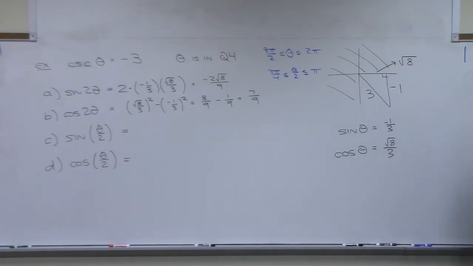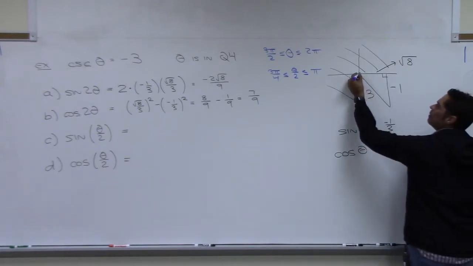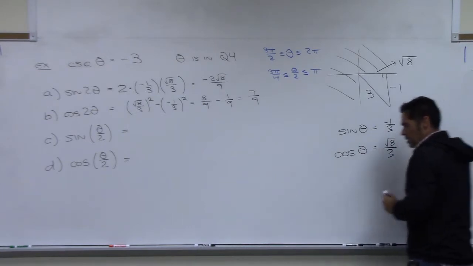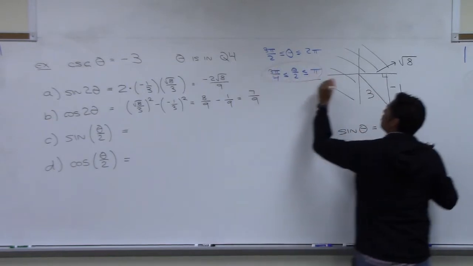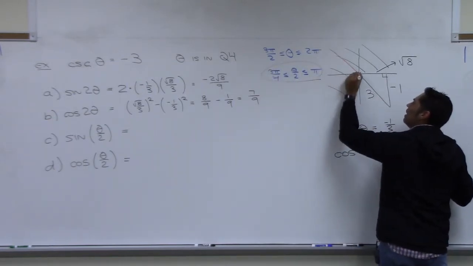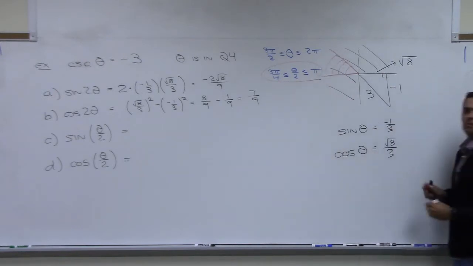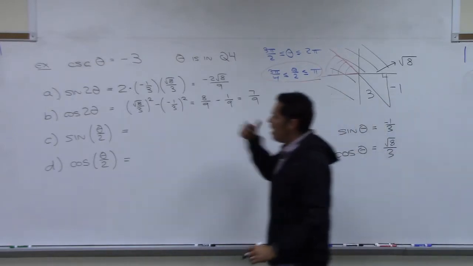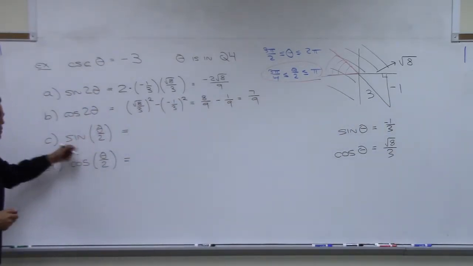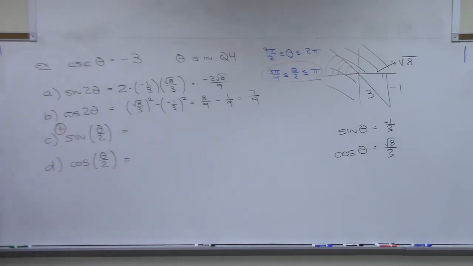So we're between 3 pi over 4 and pi, somewhere in the second quadrant. In the second quadrant, sine is positive, your y coordinate is positive, so we take the positive of this answer. Cosine is negative, the x coordinate is negative, so I'm only taking the positive here and the negative here. Agreed? Okay.